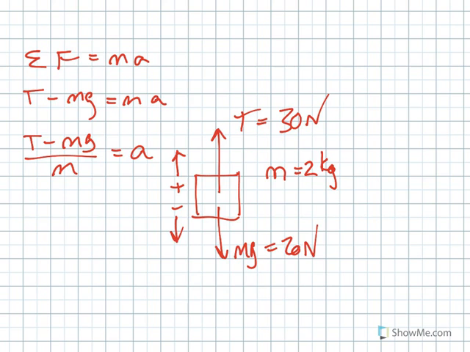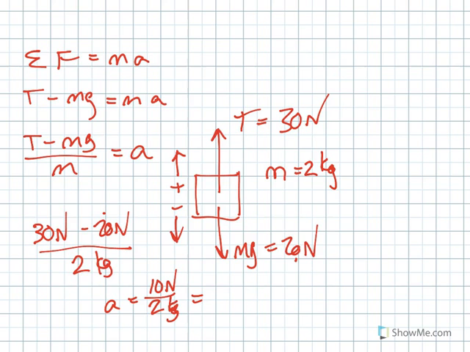All right, so what's going to happen here? So T is 30 newtons minus 20 newtons, that's mg, divided by 2 kilograms. So 30 minus 20 is 10 newtons, divided by 2 kilograms.